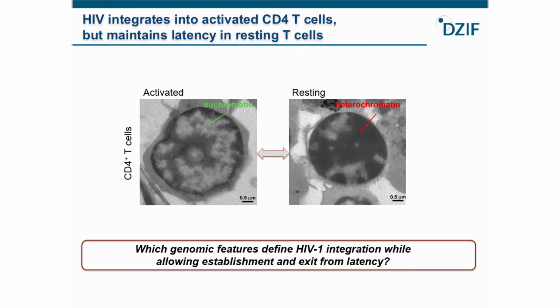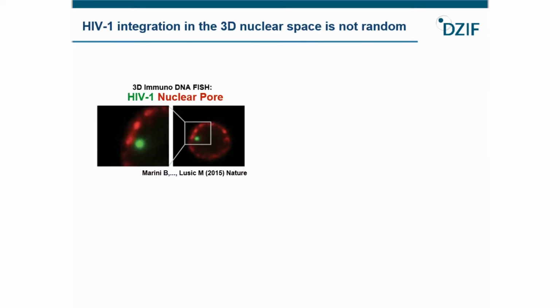What we wanted to understand is what features define HIV integration, while at the same time allowing establishment and exit from latency. As I said, my lab started addressing this a couple of years back when we did the first FISH experiments on infected CD4 T cells in culture, and also on patient material.